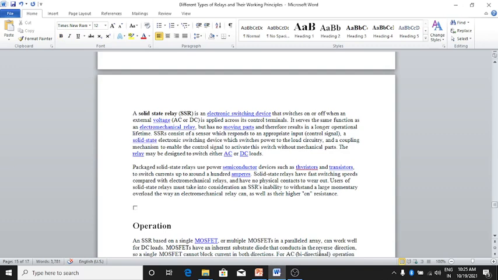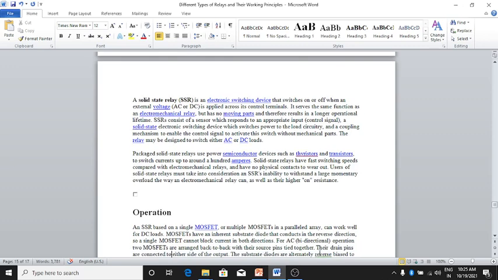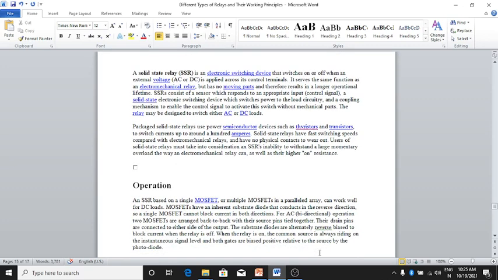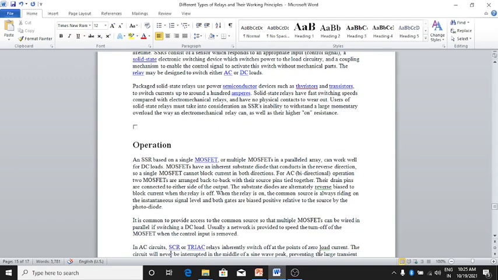Solid-state relays have fast switching speed compared with electromechanical relays and have no physical contact to wear out. Users of solid-state relays must take into consideration an SSR's inability to withstand a large momentary overload the way an electromechanical relay can, as well as a higher on resistance.